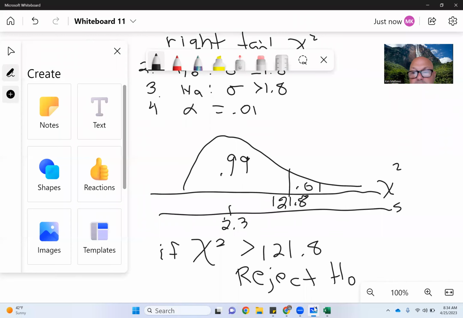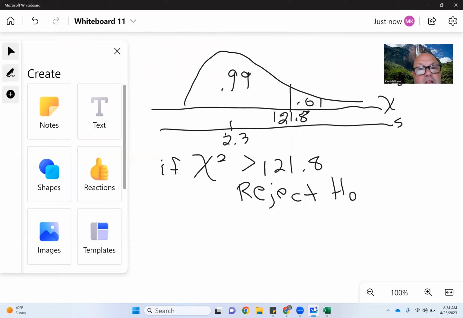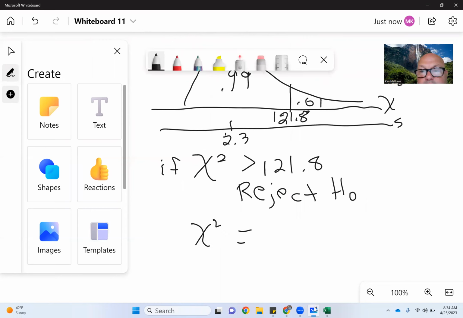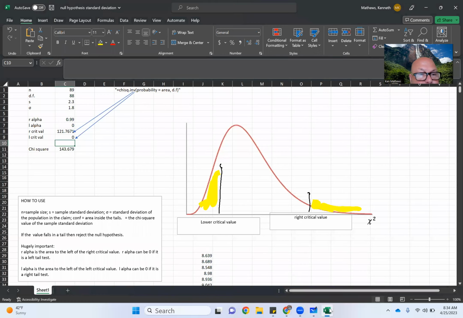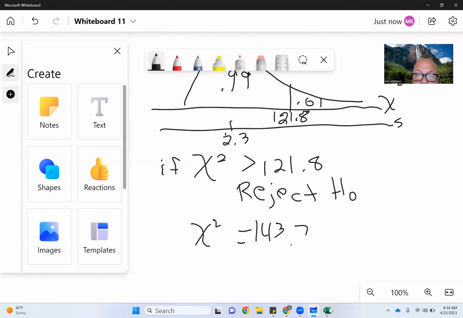So chi-square equals 143.7. All right, so is it in the tail or is it not in the tail? Oh my God, it's in the tail. That means we reject the null hypothesis.